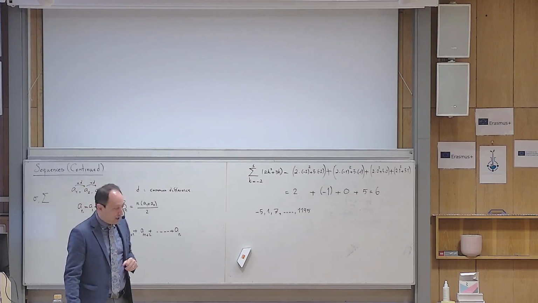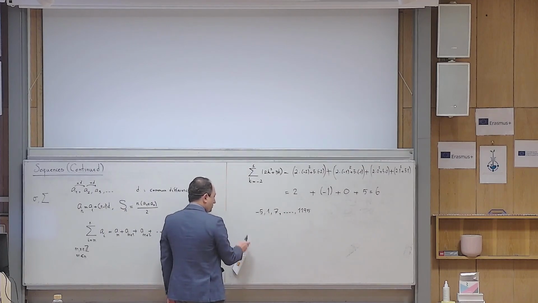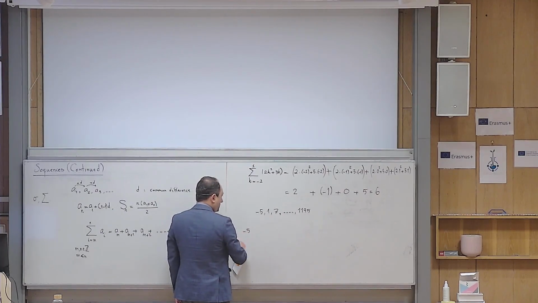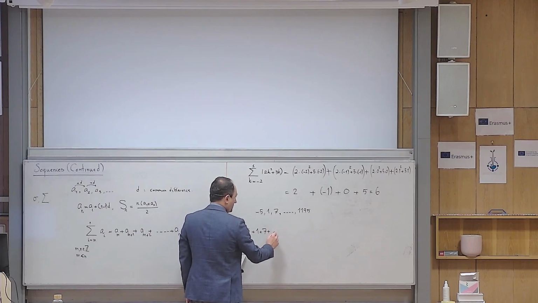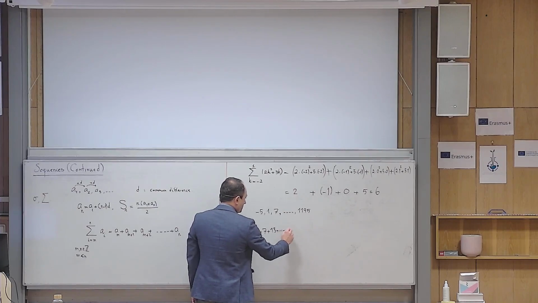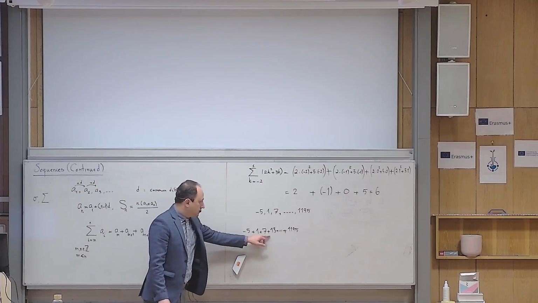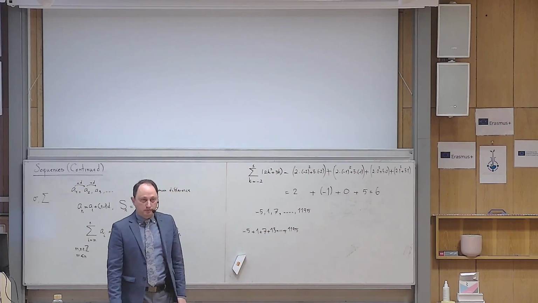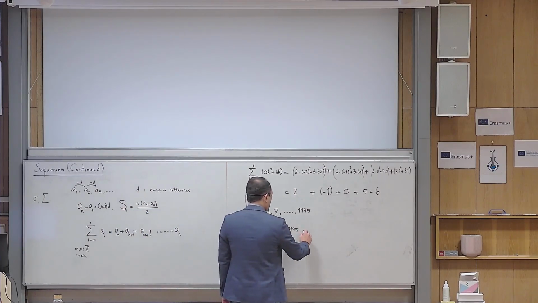Okay? So my question is that I want to add up these numbers. So my goal is to write -5 plus 1 plus 7 plus, the next one is 13, and then you continue, at some point you reach this one. Can you put this in the sigma form? So what I'm asking you is to write a sigma.